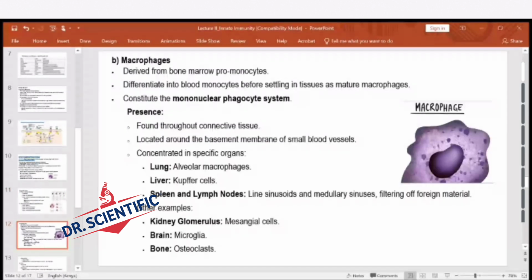The other phagocytic cell, of course, is the macrophages. The macrophages are usually mature monocytes. Of course, they originate from monocytes. Now, monocytes are blood-based. Macrophages usually are not blood-based. They are tissue-based. I think maybe you talked about it in hematology. I didn't teach you hematology, so I don't know whatever you covered.